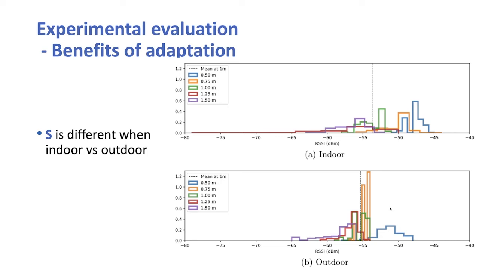As you can see, the dashed line that represents the value of S has a different value for indoor and outdoor environments. Okay? In indoor environments, it's a bit higher.